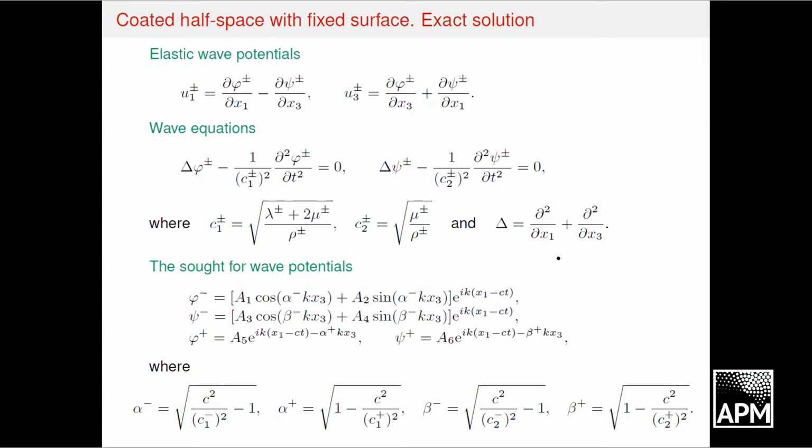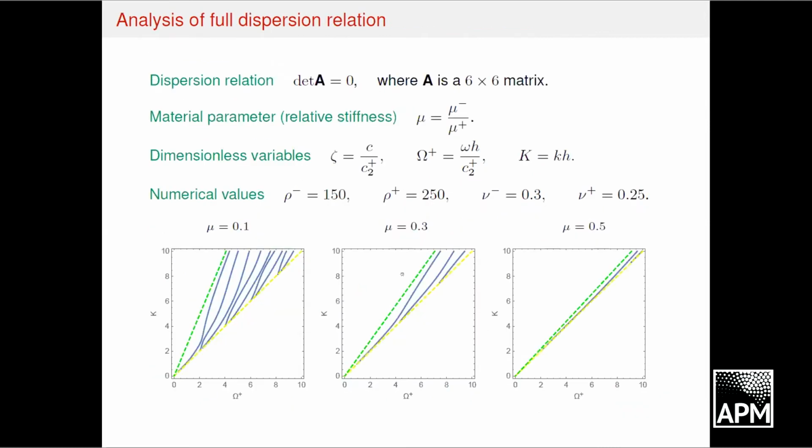So we seek our solutions in a very conventional form of traveling harmonic waves, and within the layer we have this trigonometric dependence, and for the half space we have exponential decay, right? So if we substitute all these into our boundary and continuity conditions, we will have a 6x6 system, and the determinant of this equal to 0. That will be the condition for having non-trivial solutions.